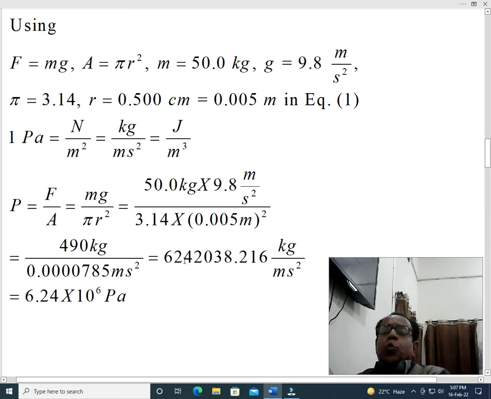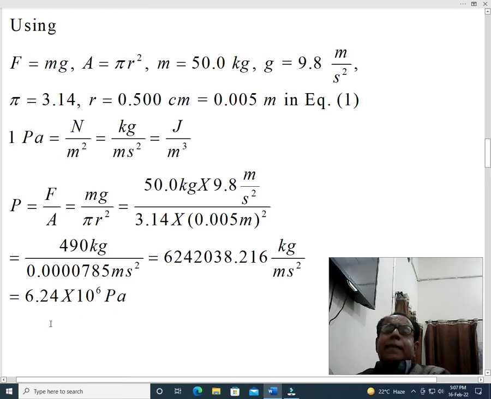So we can write it in this form as 6.24 into 10 raised to the power 6 Pascal. In place of Pascal, we can also write Newton per meter squared, or joule per meter cubed. But this is quite enough when we answer it in shape of Pascal.